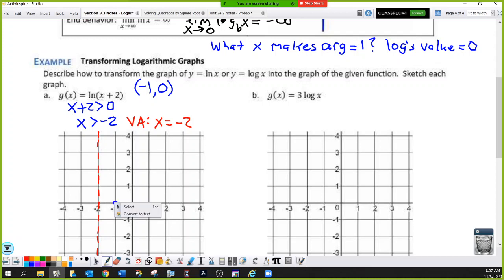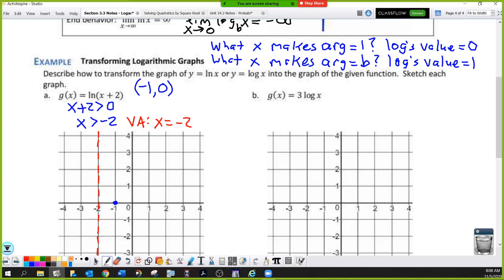And the other thing you're going to ask yourself is, what x makes the argument equal the base? Basically, you're trying to force the 2 special logs. And the reason why you want this is because the log's value, well, my computer's lagging hard right now, is 1. Does that mean the function has a value of 1? No, there could be transformations. But the log's value would be 1. So for us, what x would make the argument equal the base?